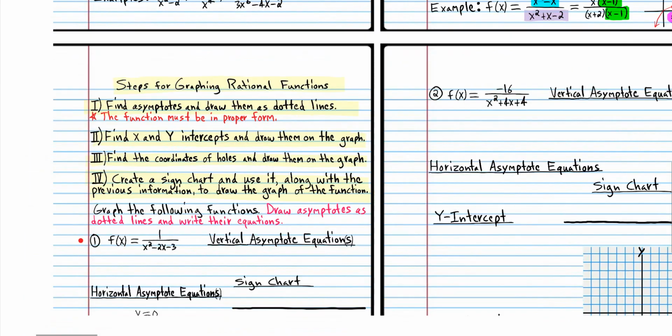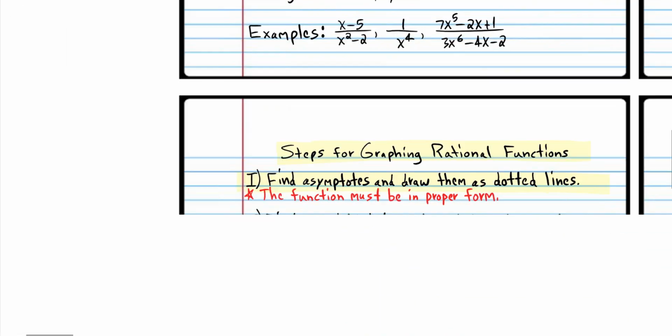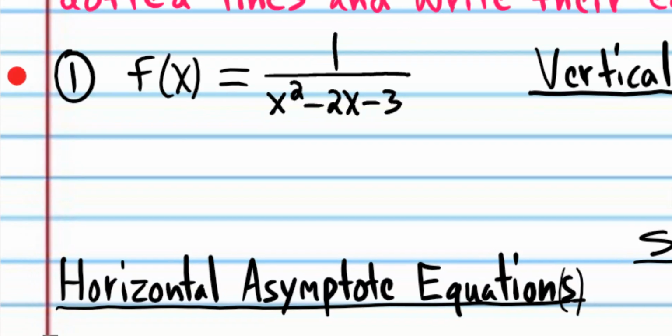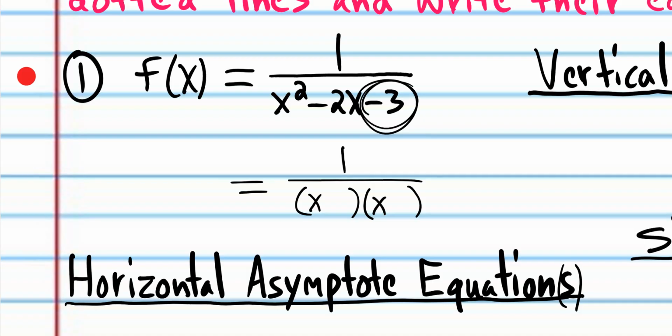So what we're going to do is figure out what makes the denominator of the function 0. In order to do that, we need to factor the denominator. So this is a quadratic expression. What two numbers multiply to -3 and add up to -2?